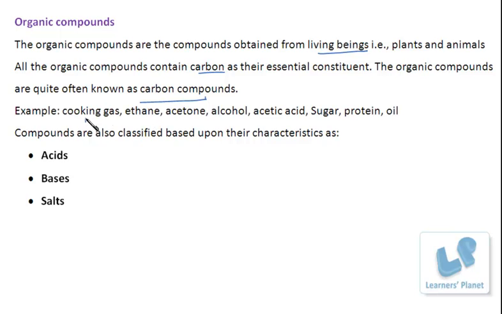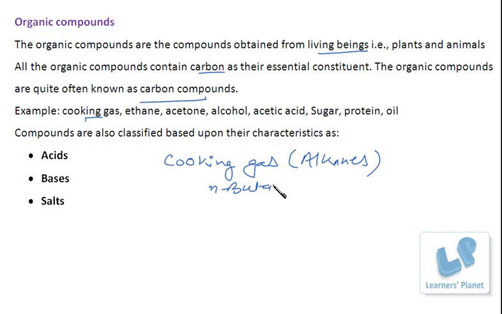Now let's quickly look at the formula of this. Say if I'm taking cooking gas. Cooking gas contains butane, or it's a mixture of alkanes. Right? Normally n-butane is there. What is the formula of n-butane? You might not be knowing this, but I'm writing the formula just to tell you that carbon is present in organic compounds.